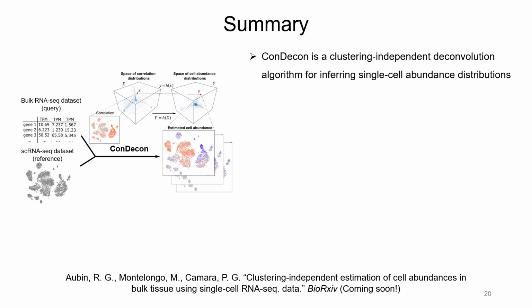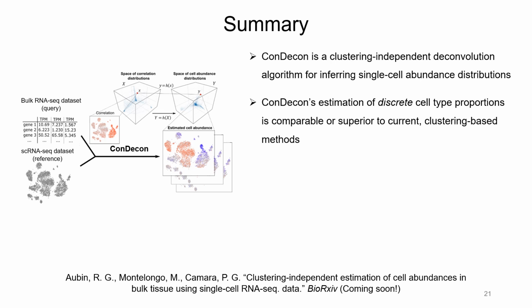In summary, we propose a new method called ConDecon, a clustering-independent deconvolution algorithm for inferring single-cell abundance distributions. We find that ConDecon's estimation of discrete cell type proportions is comparable or superior to current clustering-based methods.